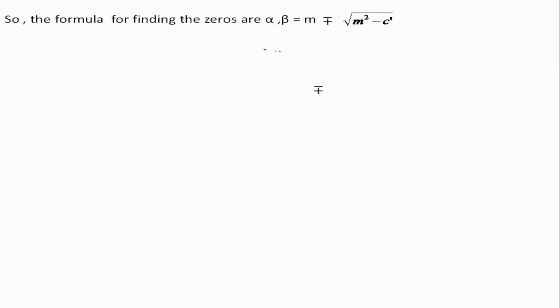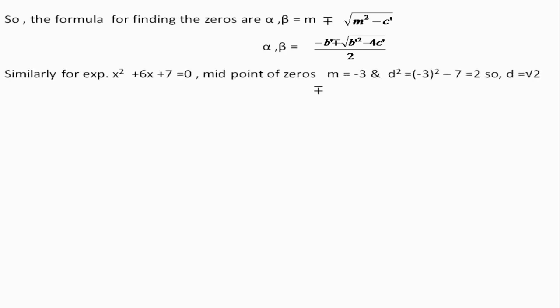So what is the formula for alpha and beta? Alpha, beta is equal to m minus plus the square root of m square minus c dash, or alpha, beta is equal to minus b dash minus plus the square root of b dash square minus 4c dash, upon 2.